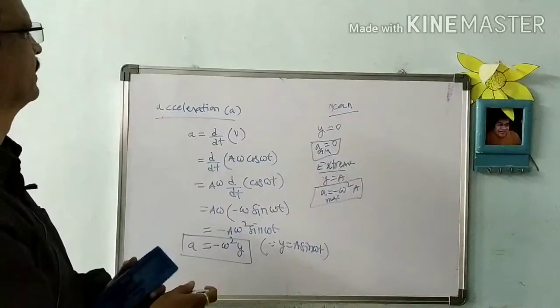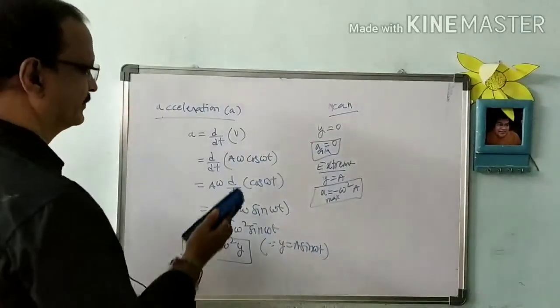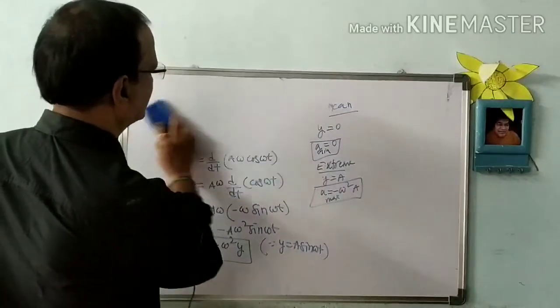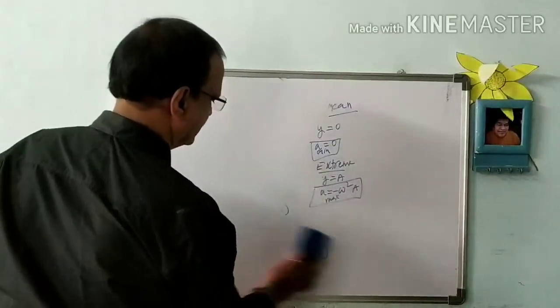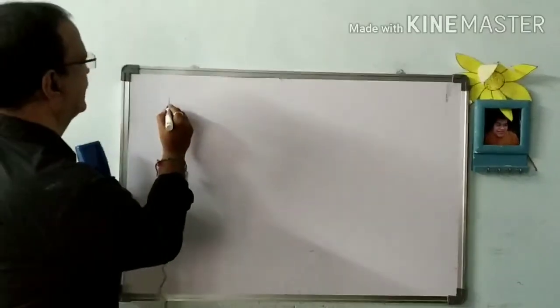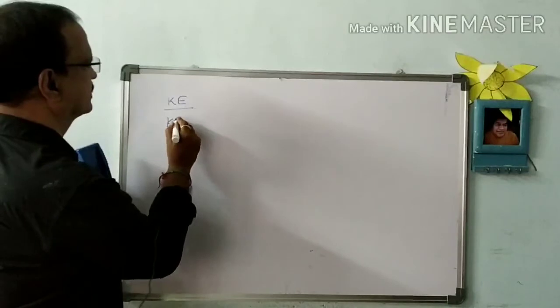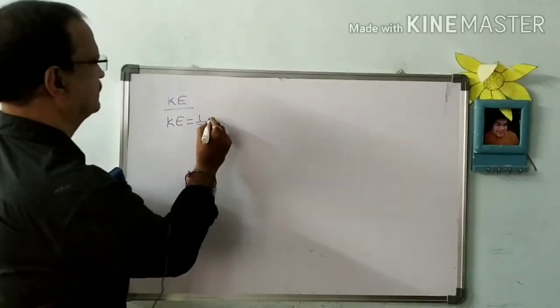So when we know the displacement, velocity and acceleration of a particle in simple harmonic motion, now we go for the kinetic energy. So kinetic energy K is equal to half m v square.